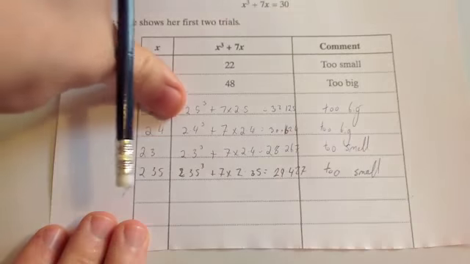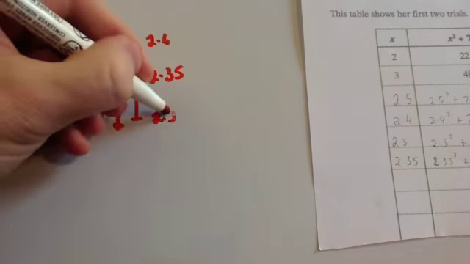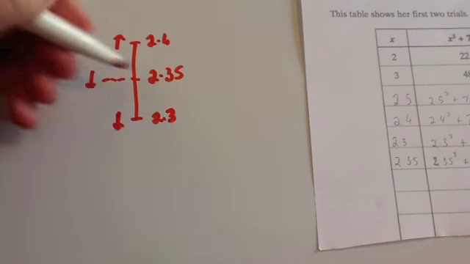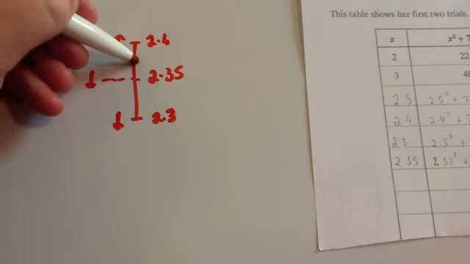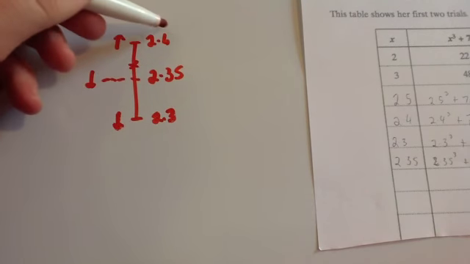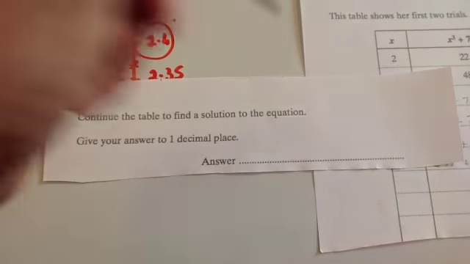So we found out that the number in the middle is too small. So if this one's too low, and this one's too low, and this one's too high, it means our answer must be in here somewhere, which means it is closer to 2.4. So that means that our answer is 2.4.